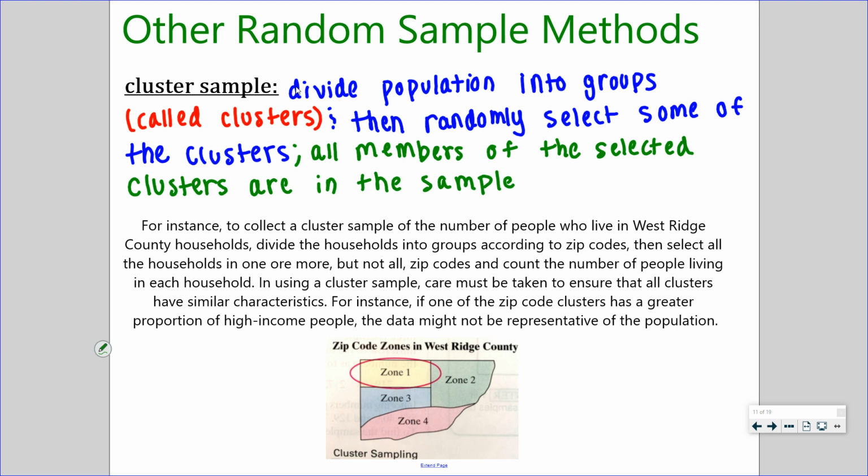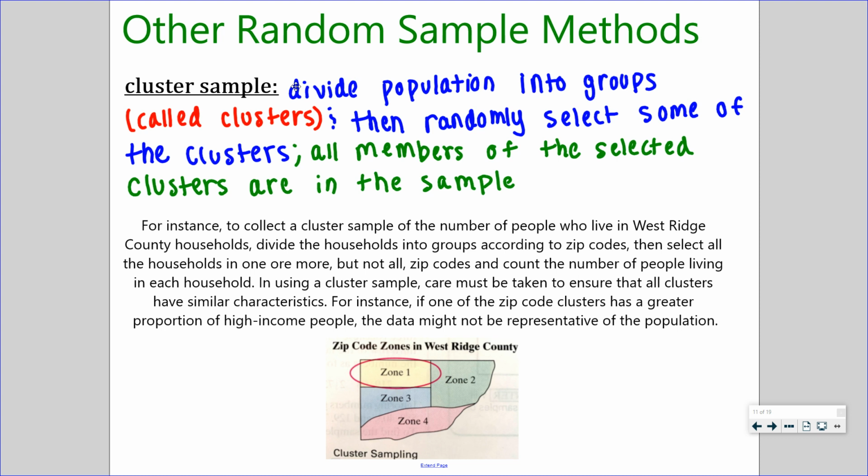Okay. So going back to that same example, if we want to know the number of people who live in West Ridge County households, how we would do it using a cluster sample is we still divide the households into groups. This time they decided to do it according to zip codes.